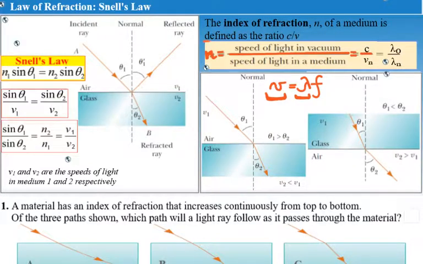Again, it's good to remember that n is a proportion of the speed of light to the speed of light in the medium through which light is traveling.